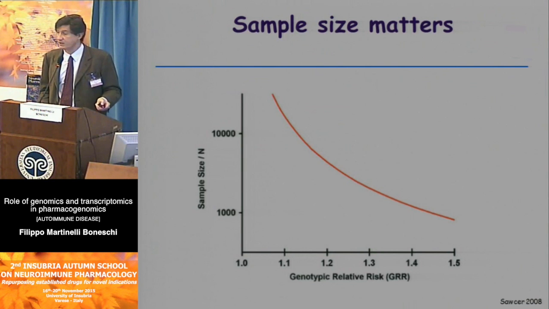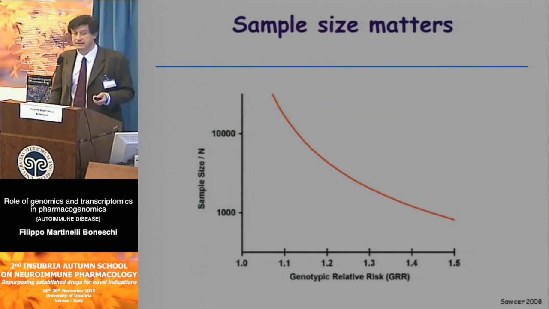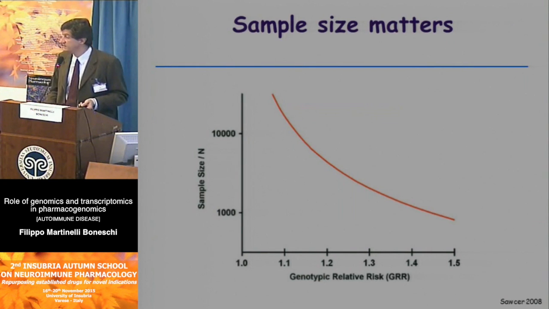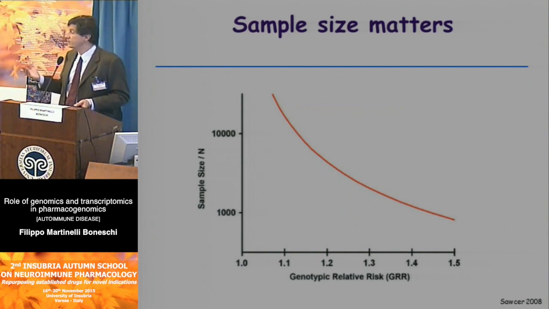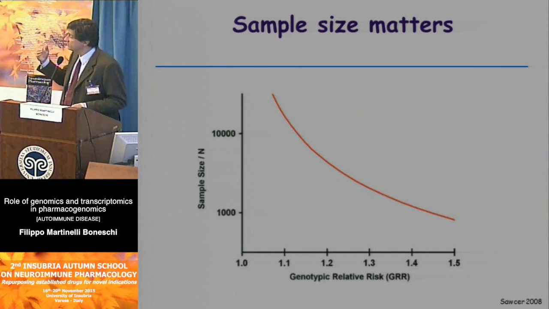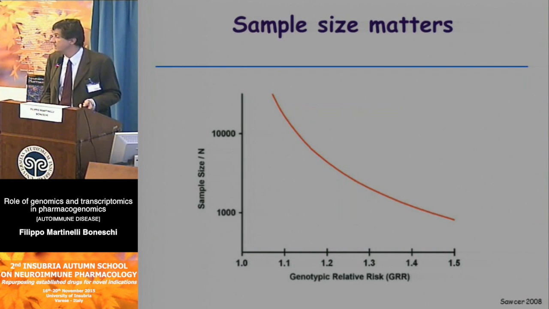So we're going in this direction on the graph. But unfortunately, in most cases, what you are looking for has a modest effect on the phenotype that you are studying. So for example, here, if you want to identify a pharmacogenomic variant with an effect of 1.5, so able to increase the risk of developing a disease by 1.5, you probably need something around 800 patients to study.